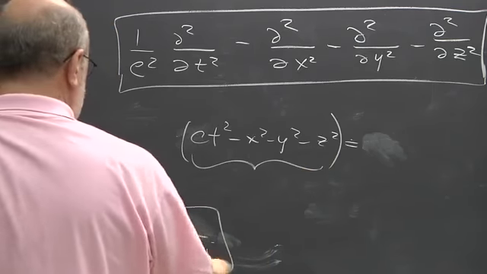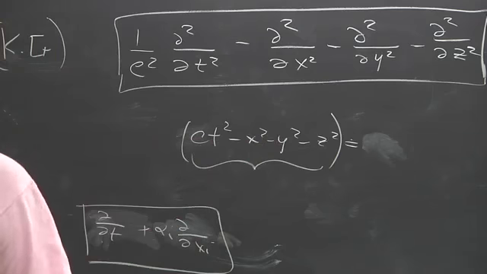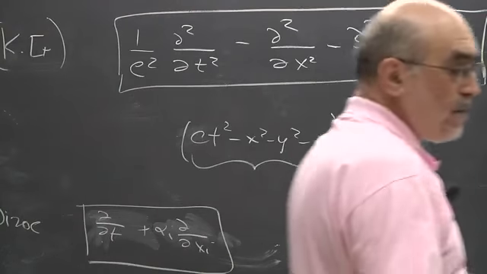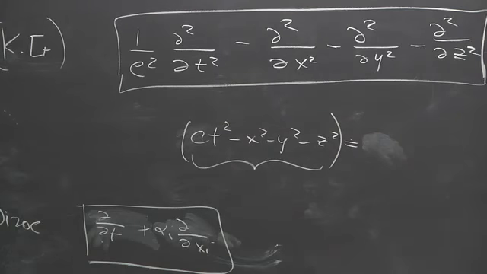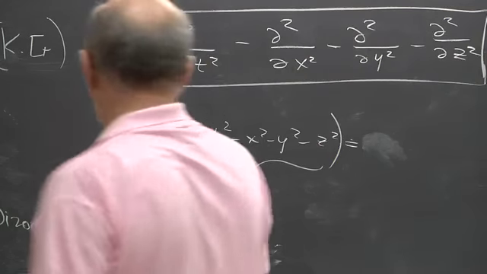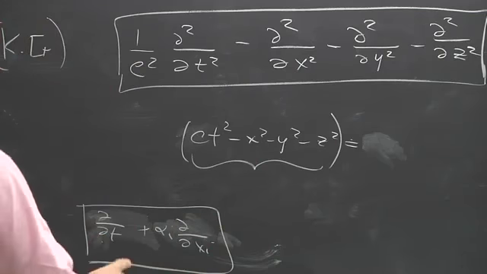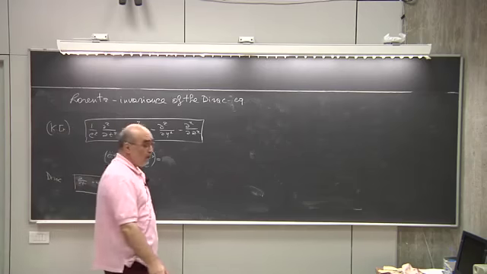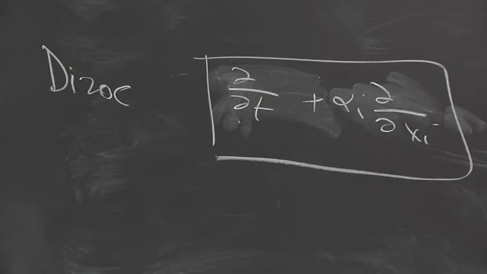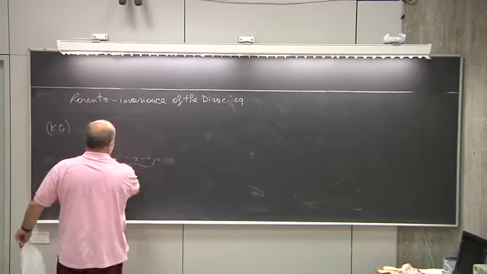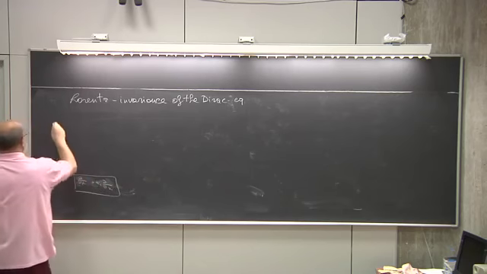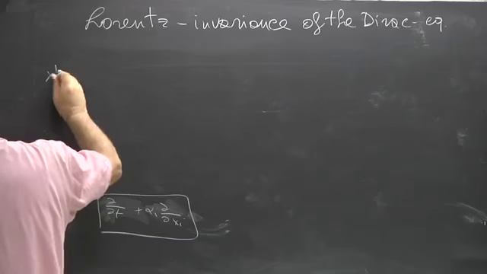But this does not resemble any quadratic piece that is invariant under the Lorentz transformation. So we have to look carefully into it and see what happens. We have to see whether the Dirac equation, of which we only know the commutation relations between the alphas, is Lorentz invariant or not, or whether we have to impose some condition on it to be Lorentz invariant. Now, let's indicate the Lorentz transformation in this manner.